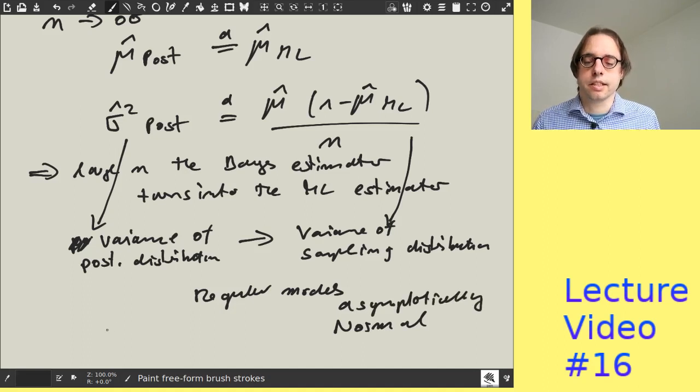And this is actually the same here as well. So this is called the Bayesian central limit theorem.